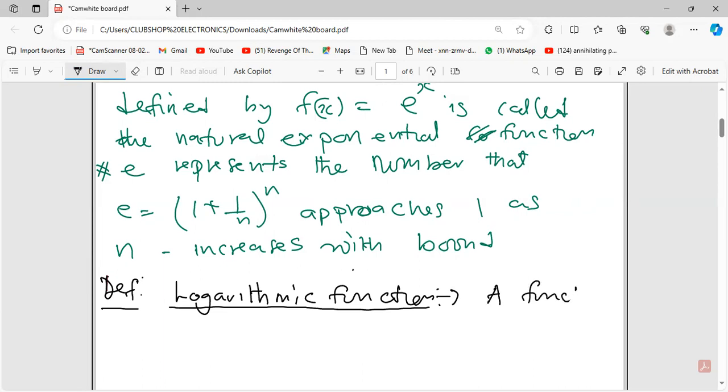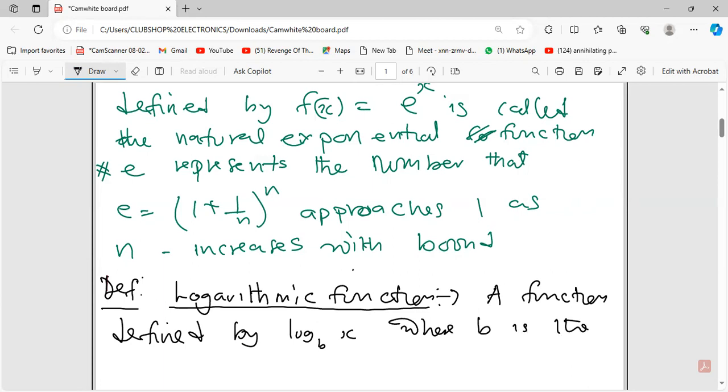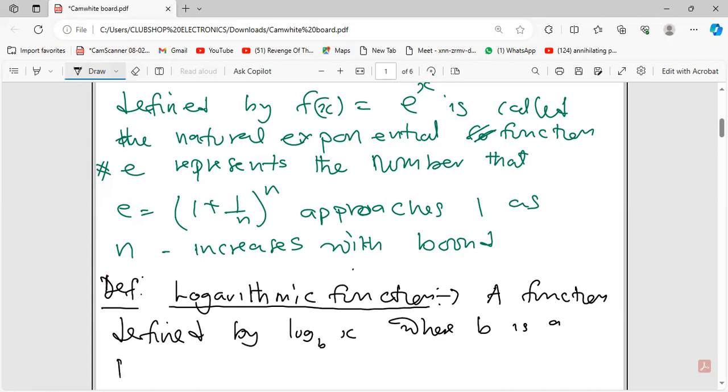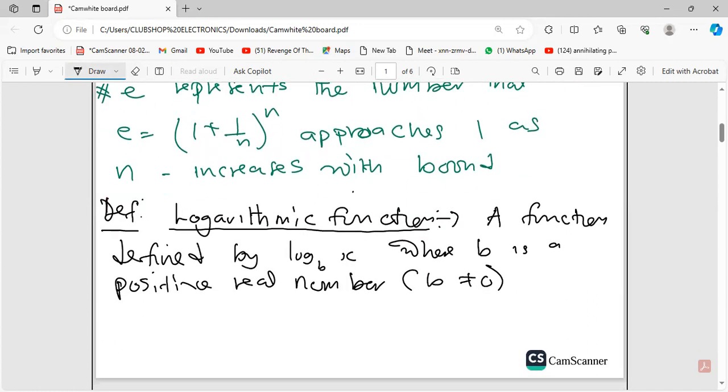So the function defined by log b of x, where b is the base, is a positive real number, b not equal to 1, is called a logarithmic function. Okay.